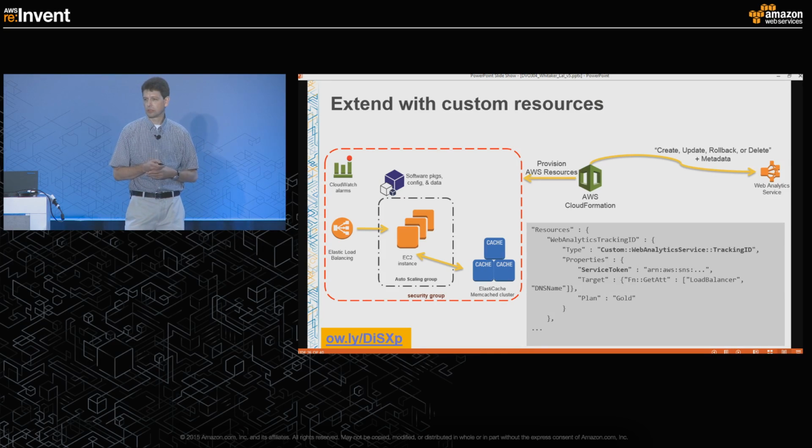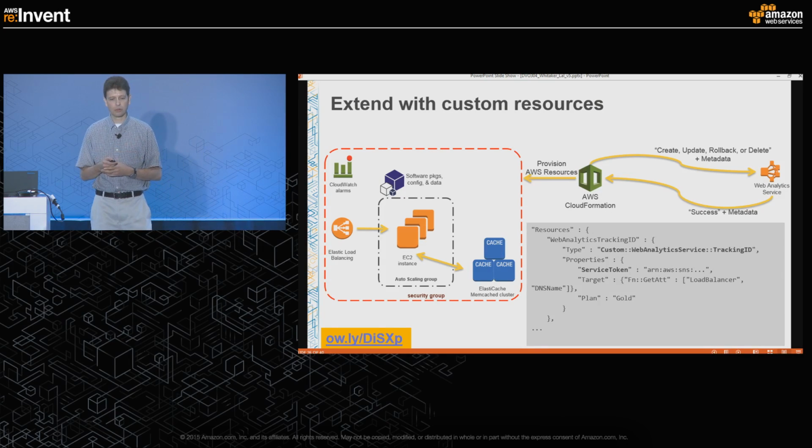At that point, you get a create message, an update message, or a delete message, depending on what the stack operation you performed was. You can do that functionality, register it, in this case, with the web analytics service, and return success or failure. If it fails in a stack create, we'll treat that as a failure just like any other resource failure. As an update, we'll either fail the stack creation or roll back the stack update.